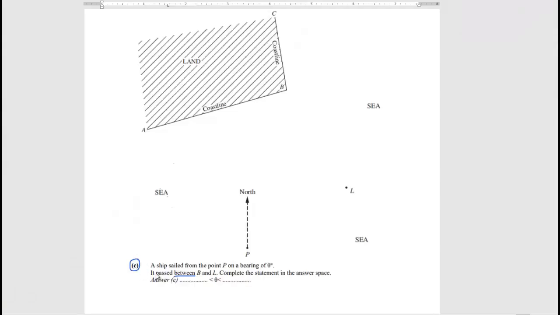In this last part, a ship sailed from the point P on a bearing of theta degree.